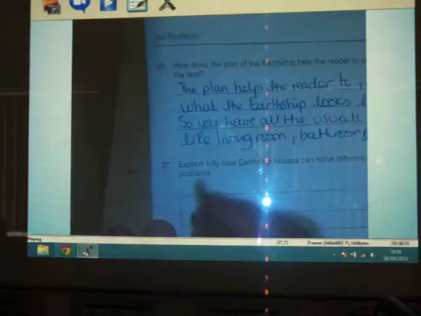So, explain fully how Earthship houses can solve different types of problems.